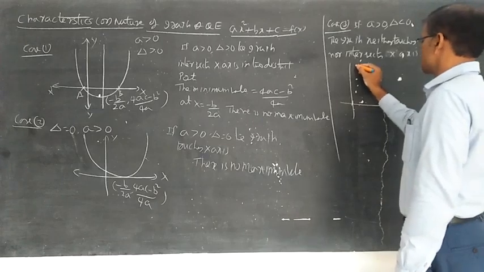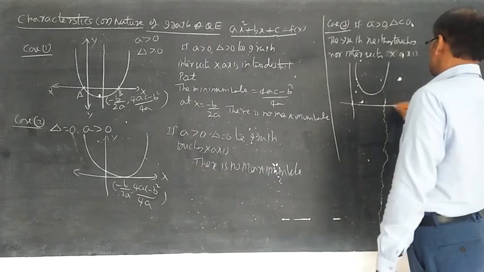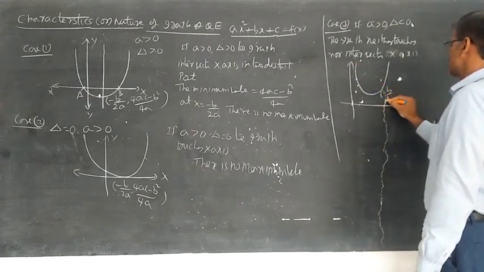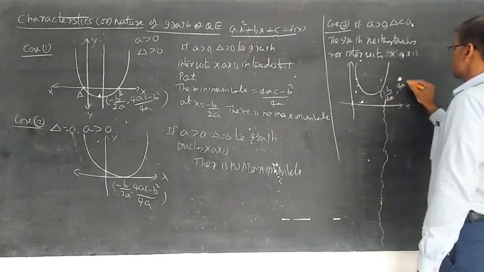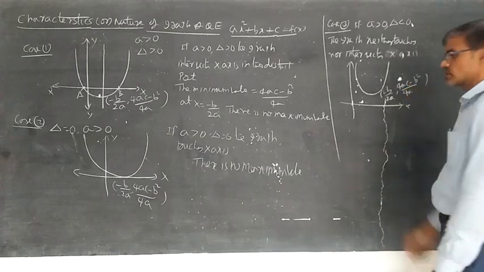The shape will be like this. Simply leave it. Like this. For this you can write minus b by 2a comma 4ac minus b square by 4a.